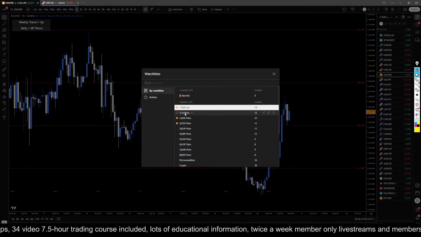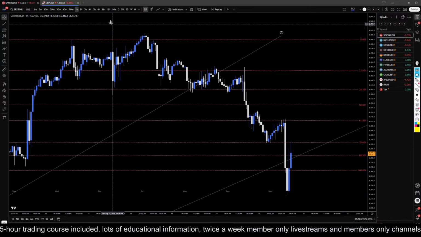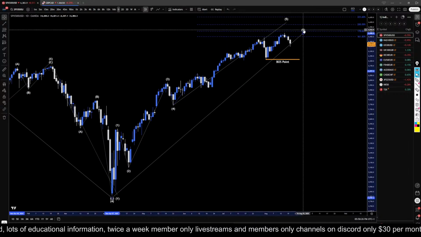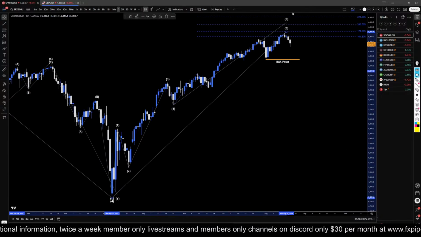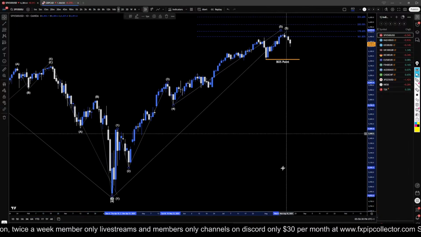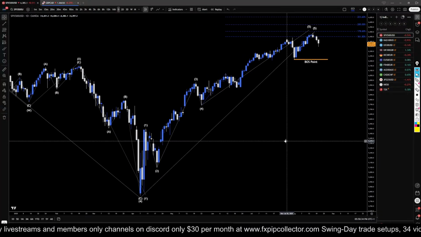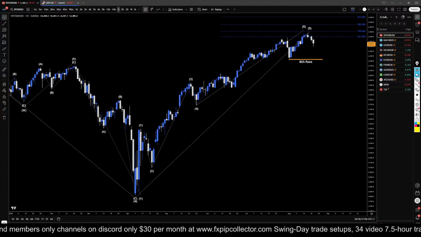Let's see here. Indices, S&P 500. It looks to me like we are ending a wave 5, but I thought we were ending a wave 5 last time also. I don't trade this one either, but I do think that the daily time frame is very clear.